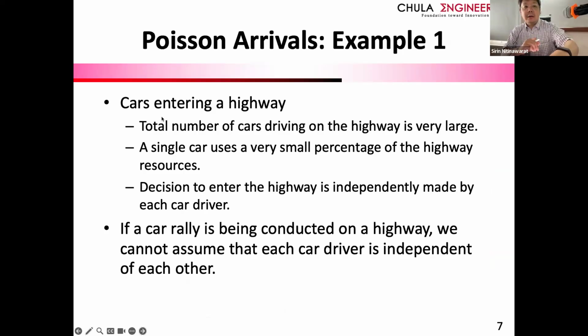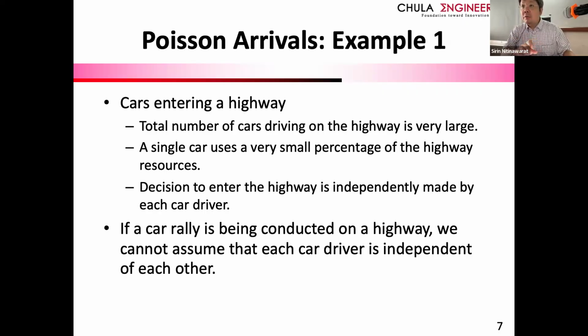And in addition to that, the total number of potential cars that can come into the highway can be considered to be very, very large, right? And as I said, they act independently. Their decisions to enter the highway are independent of one another's, right?